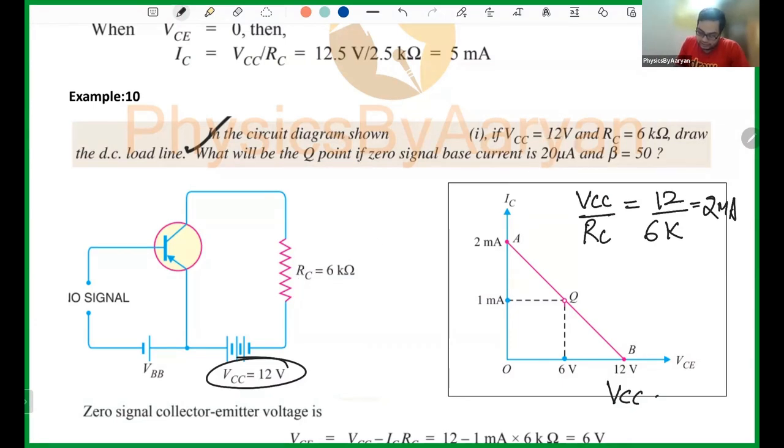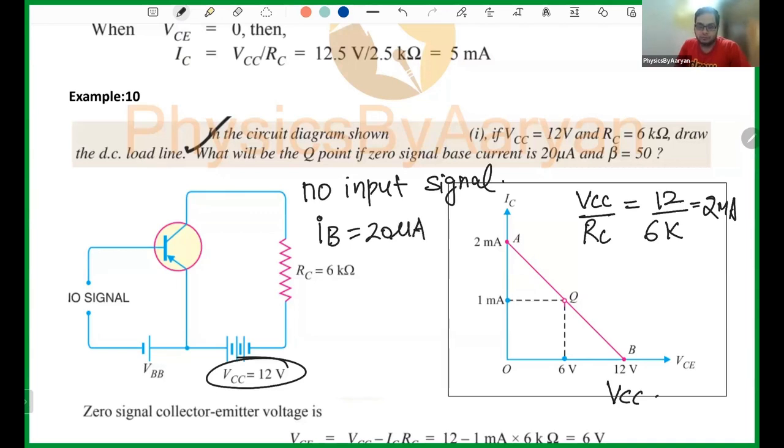They are saying that if I have applied no input signal, in that condition, the base current is flowing. And how much base current is flowing in that situation? 20 microampere. And the beta is given in that case as 50. And they are asking what will be the Q point.